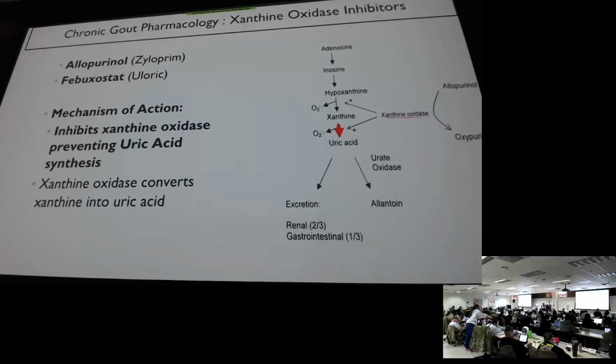So that's going to lower your uric acid levels, because the xanthine oxidase is what converts it into uric acid. And as I mentioned earlier, we excrete it through the kidneys, 2/3 of that's renal, 1/3 of it's GI. You don't need to know that. But you just need to know that the XOIs inhibit the xanthine oxidase enzyme, so it decreases the making of uric acid. It blocks the making of it from xanthine.